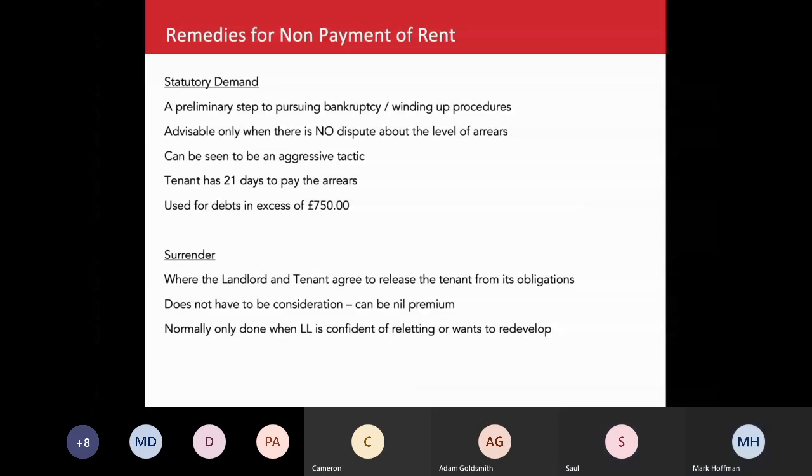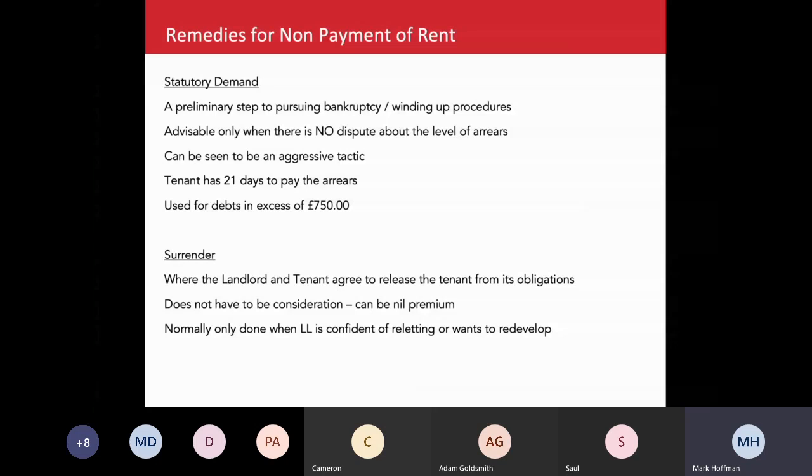Now, of course, the landlord doesn't have to accept the surrender, and in fact, would be very brave to do so in this market. But just thinking generally, why would a landlord accept a surrender from a tenant? Okay, so assuming normal market circumstances, why would a landlord accept a surrender from a tenant?